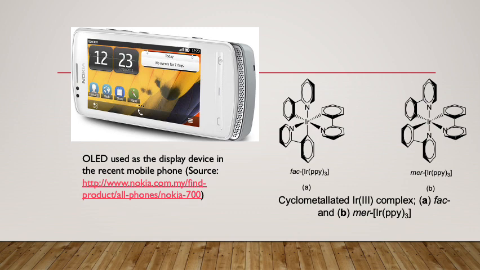Here you can see there are three phenylpyridine structures. Okay, the phenyl group with the pyridine is attached as the ligand to the iridium metal complex. This is the facial and meridional arrangement.